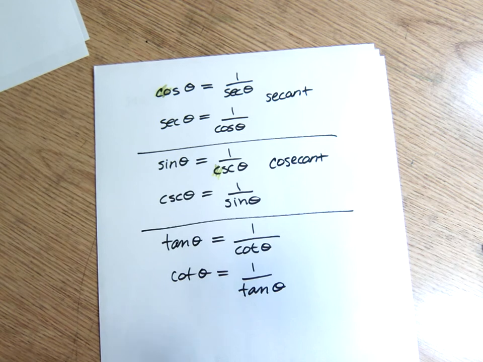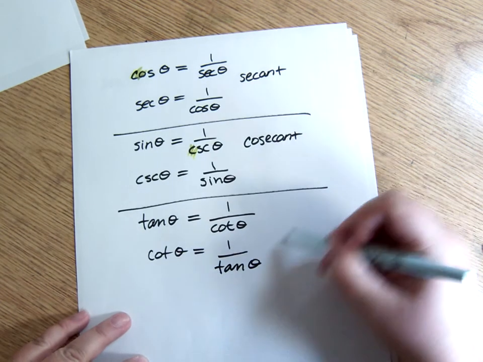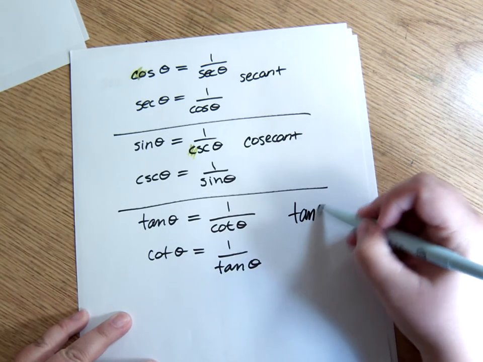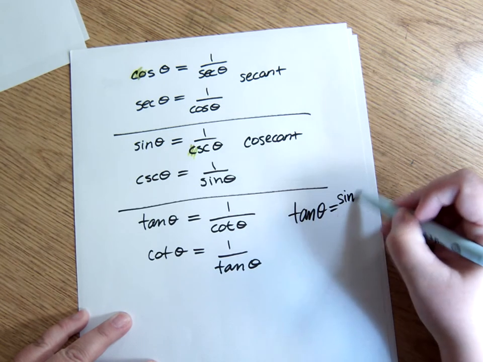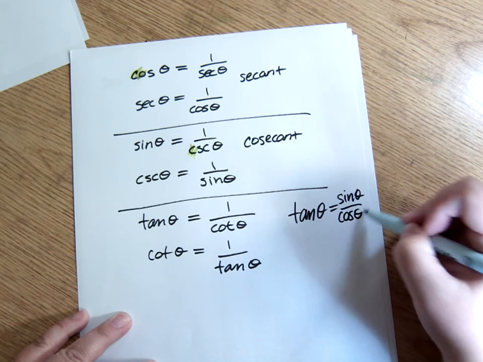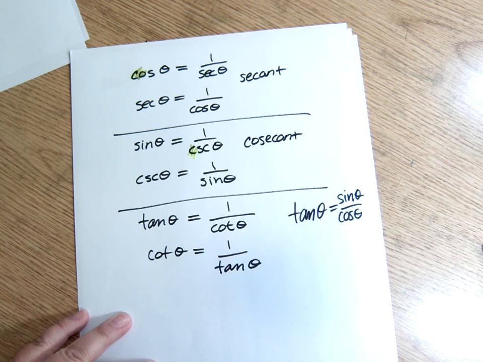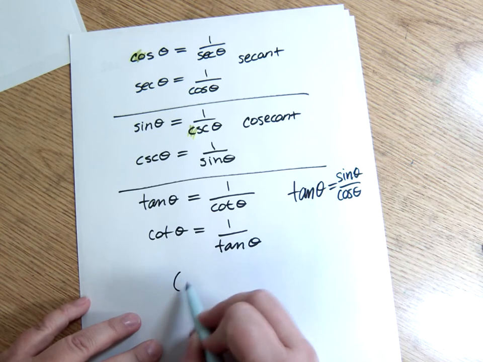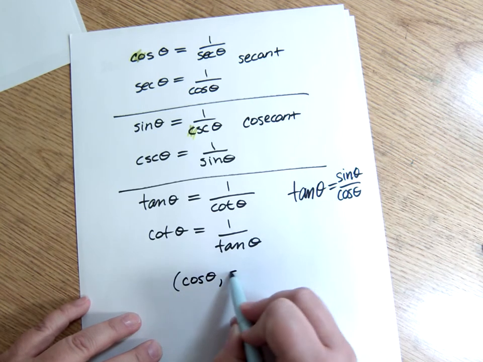The other thing you need to know, though, is that the tangent is the sine over the cosine. Okay, so if we know these things, then we can figure out anything we want to about a unit circle angle just from knowing the coordinates, because the coordinates, remember, are cosine and sine.